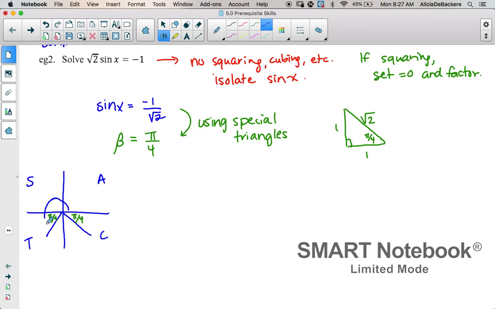My first answer, x1, is going to be pi. Remember, there's pi radians on top, plus pi by 4. Now, if there's pi radians on top and I'm slicing them into 4 pieces, then there's 4 pi by 4s on top plus 1 more. That's 5 pi by 4s.